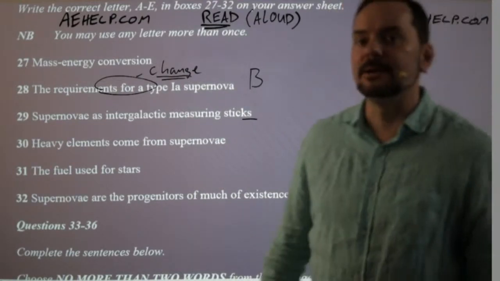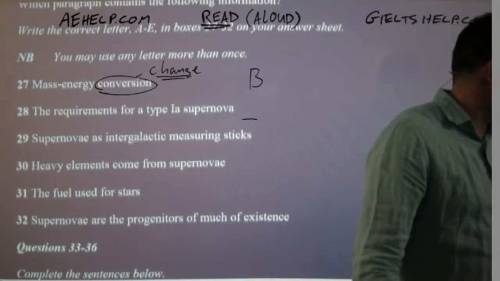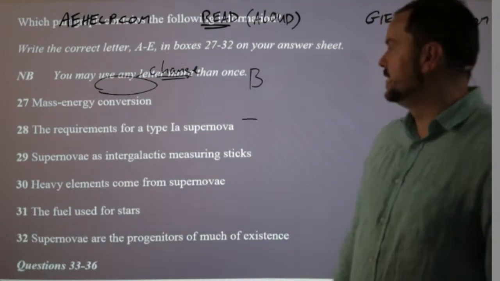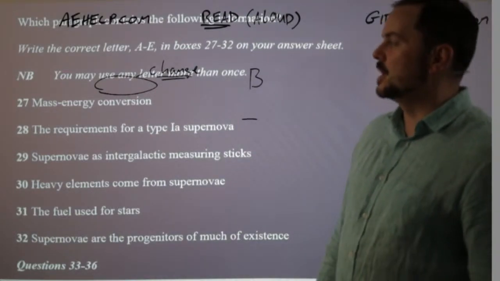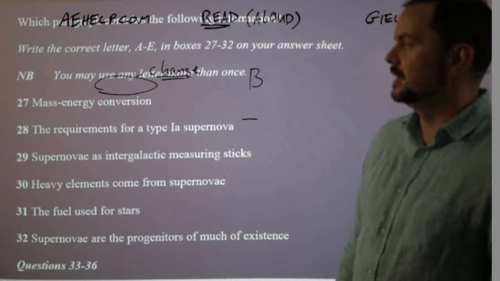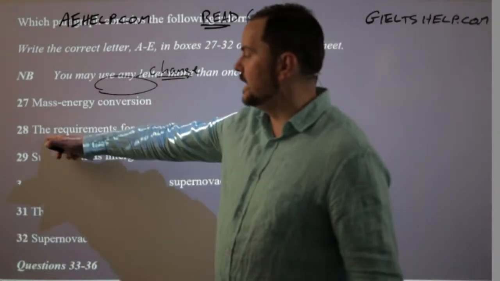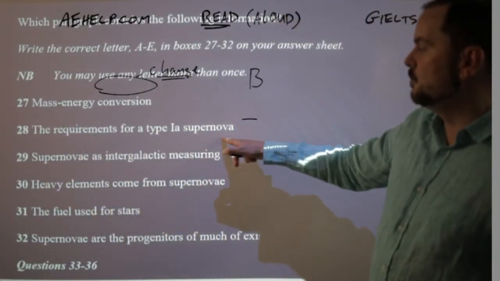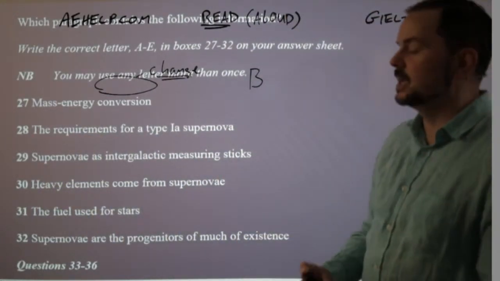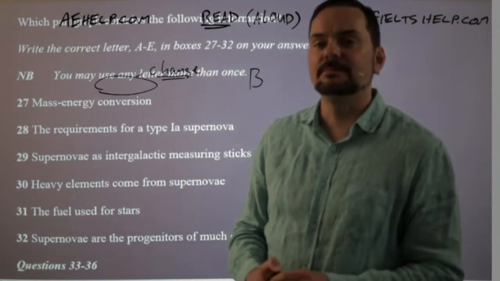Oh, sorry. Yeah. Janelle says we missed number 28. Yeah, be really careful not to miss questions in the exam as well. Okay, double check. All right, 28, the requirements for a type 1a supernova. That should be pretty quick as well.